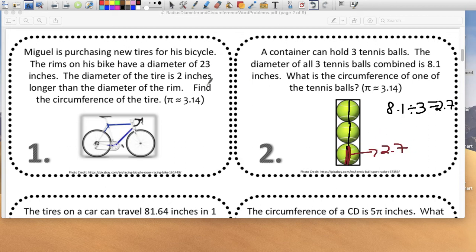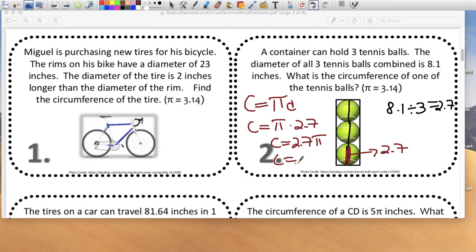Now that I know the diameter, I can find the circumference. C equals pi times 2.7. Enter. So that circumference is 8.48. So the circumference of one tennis ball, to go around this tennis ball, is 8.48 something inches.